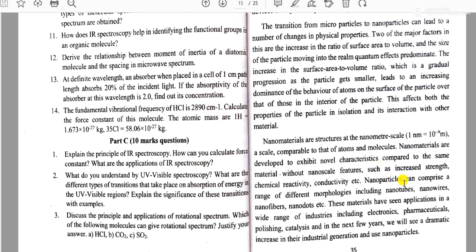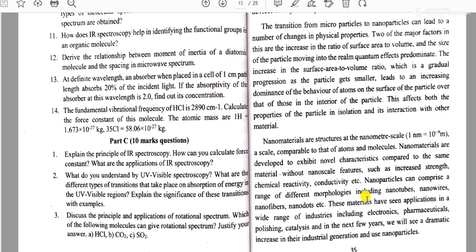Then, nanoparticles can comprise a range of different morphologies, including nanotubes, nanowires, nanofibers, nanodots, etc. This sentence is talking about the shape or morphology of the nanoparticle. Morphology means the physical structure, how it looks.